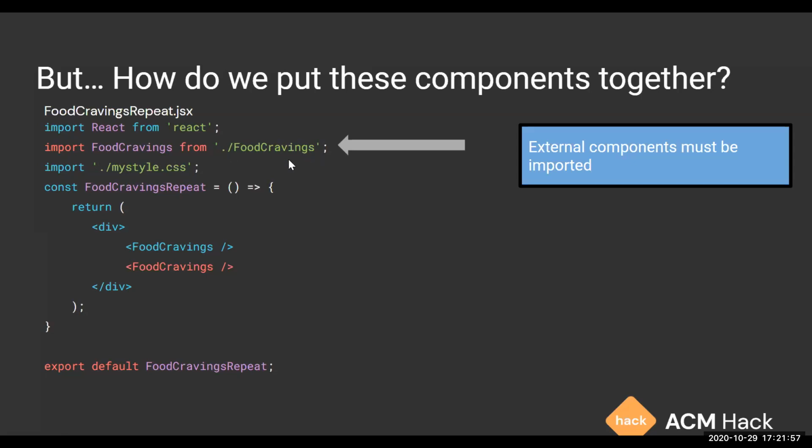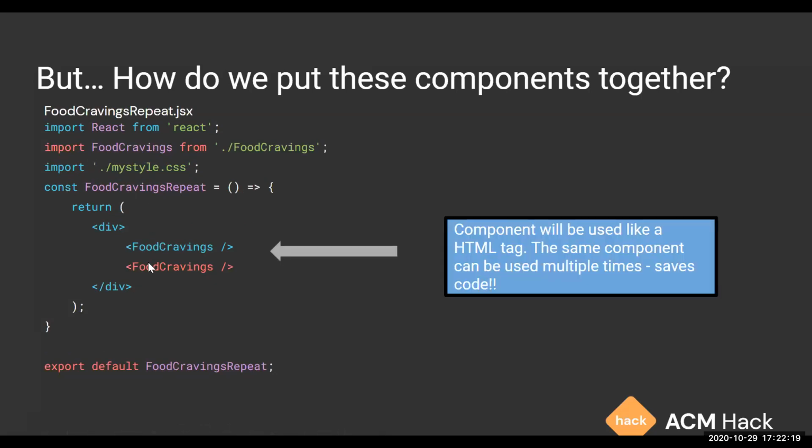This path over here is the relative path from FoodCravings to whatever file we are using to put in FoodCravings. These two names need to match, otherwise JavaScript will not recognize what component you are trying to import. So if you exported FoodCravings, you need to import FoodCravings from here. As you realized, in the return statement, we can put FoodCravings just like an HTML tag.